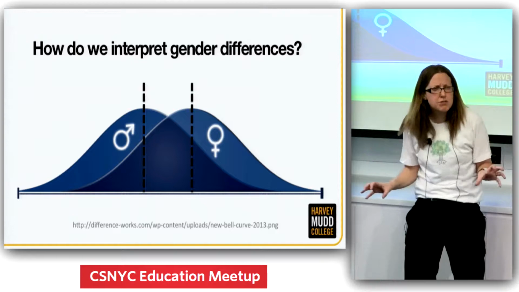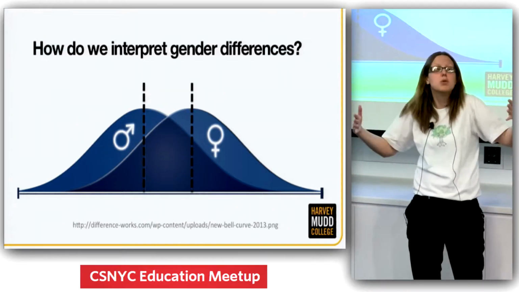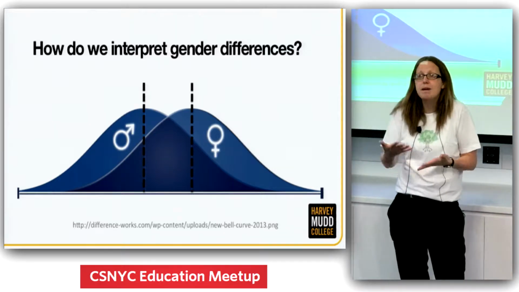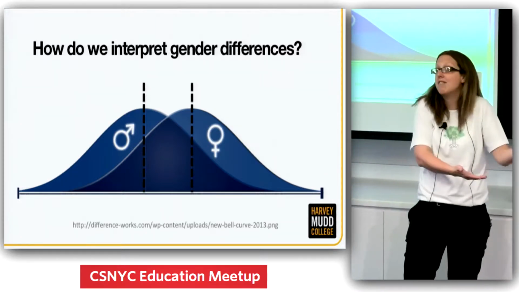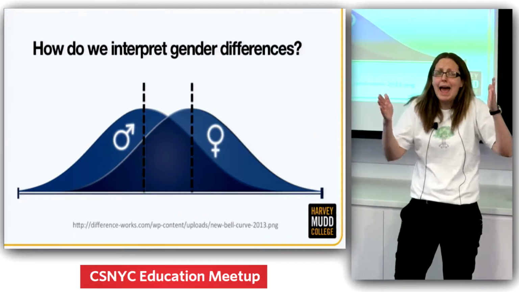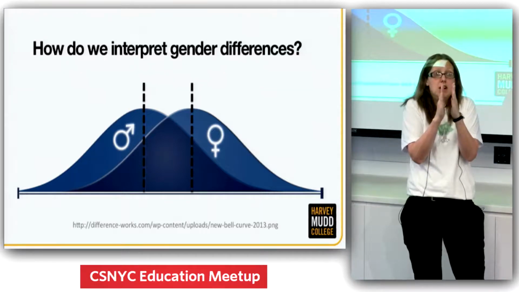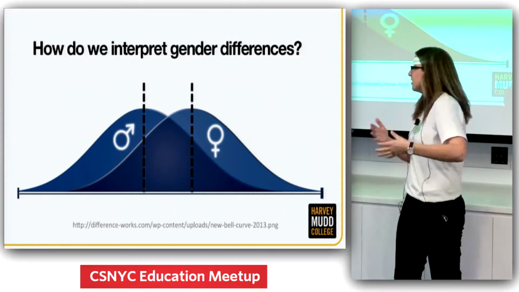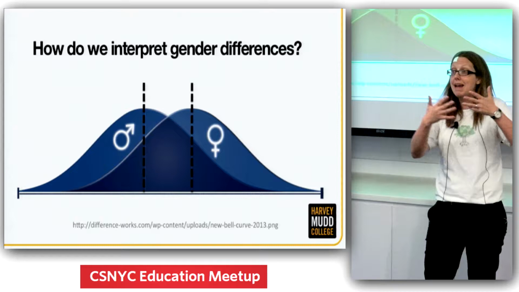But when you dig into that, originally someone might think, oh, boys are more active, which means if you gave me a random boy, it would be helpful to know that he's going to be more active, because he's going to be more active on average than the average girl. Well, the average boy and the average girl may be different in how active they are. But if you give me any random boy or girl, they're going to be somewhere within this spectrum. And actually, these spectrums tend to be mainly overlapping.